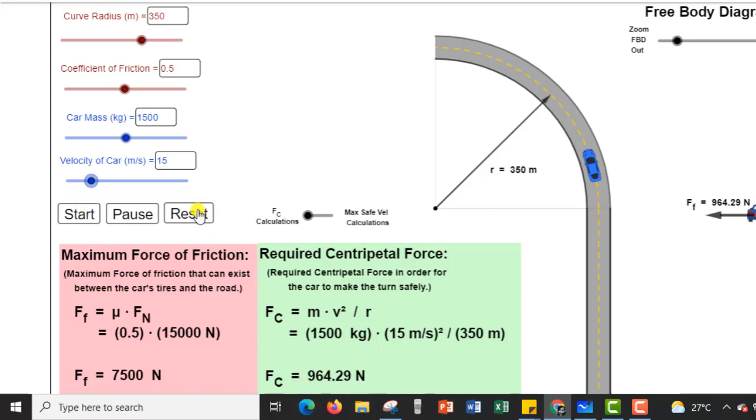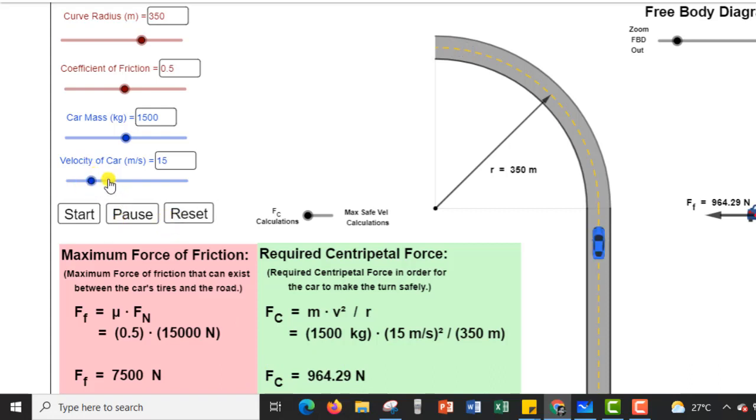So you perhatikan, the centripetal force is less than the maximum force of friction. So kereta tu boleh bergerak, safely make the turns. Okay. Anyhow, we know that the centripetal force is directly proportional to velocity. So you perhatikan nilai centripetal force ni bila teacher increase the value of velocity.